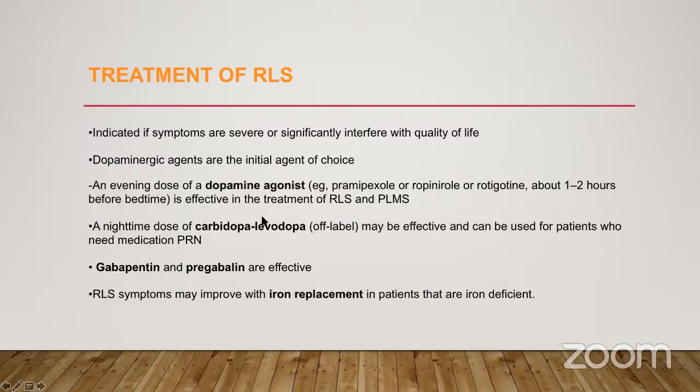If you want to use medication just as needed, we can use carbidopa-levodopa, usually at nighttime doses. We can also give gabapentin or pregabalin. Some research suggests that RLS could be associated with iron deficiency anemia, and giving patients iron supplementation or replacement can improve RLS.